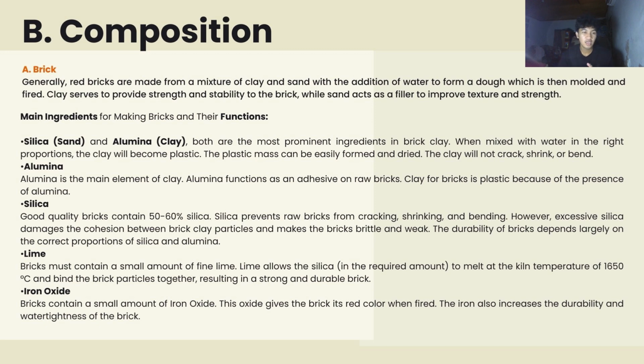Next, iron oxide. Bricks contain a small amount of iron oxide. This oxide gives the bricks their red color when fired. The iron also increases the durability and watertightness of the brick.